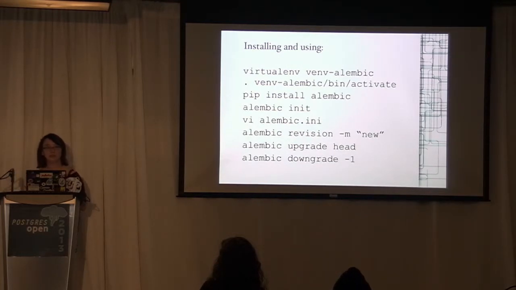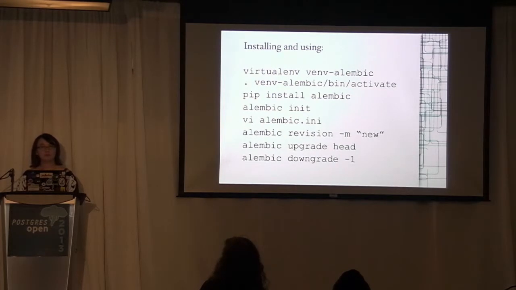So this is how I usually start. I create a virtualenv. Each one of these lines is a separate command. I activate the virtualenv. I just use pip install Alembic, and it'll install Alembic and all the dependencies, and hopefully that works. On any modern Linux system, it definitely will work. Most Mac systems it will. Windows, don't know. And then you run Alembic init.